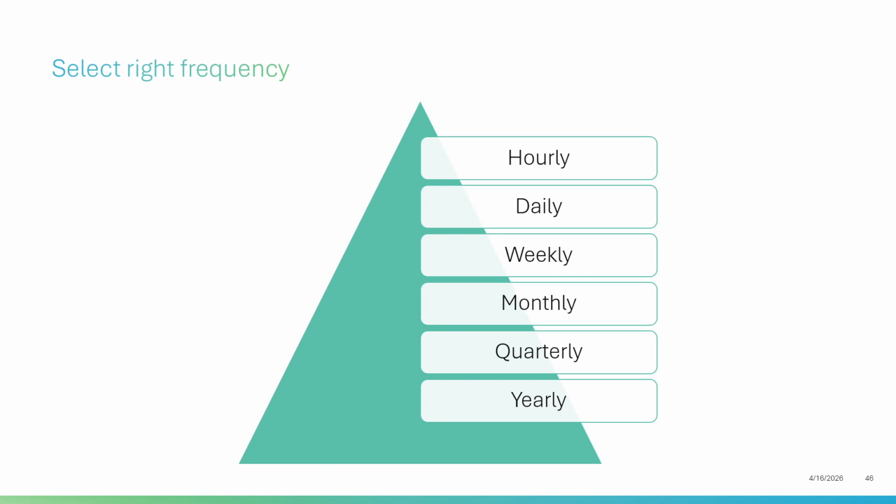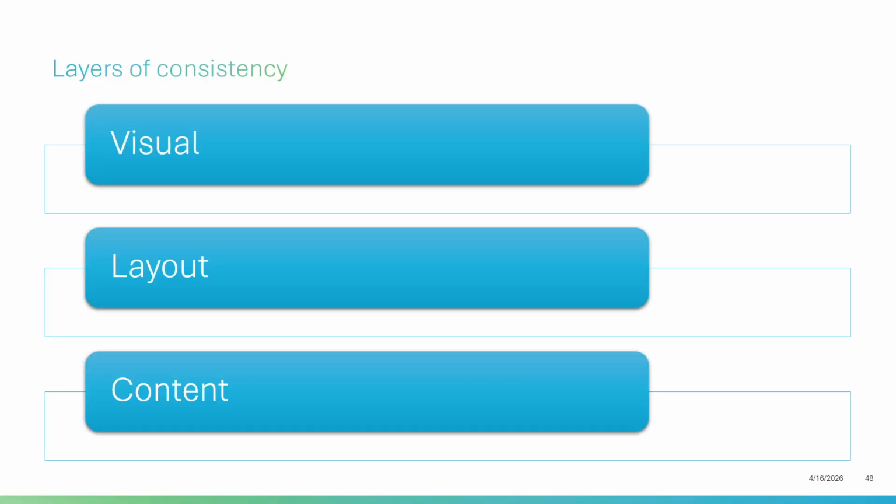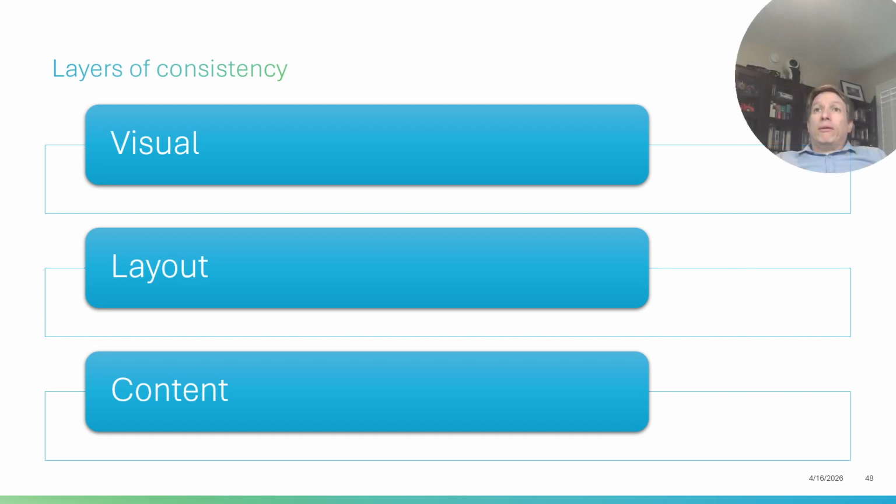the timing. The next one is we need to be consistent in the labeling. We need to be consistent in different layers. We need to be consistent on the visuals. The icons that we use that have meaning, we want to use them in the same way. We want to be consistent in layout, because people are going to try to find the same information in the same position.